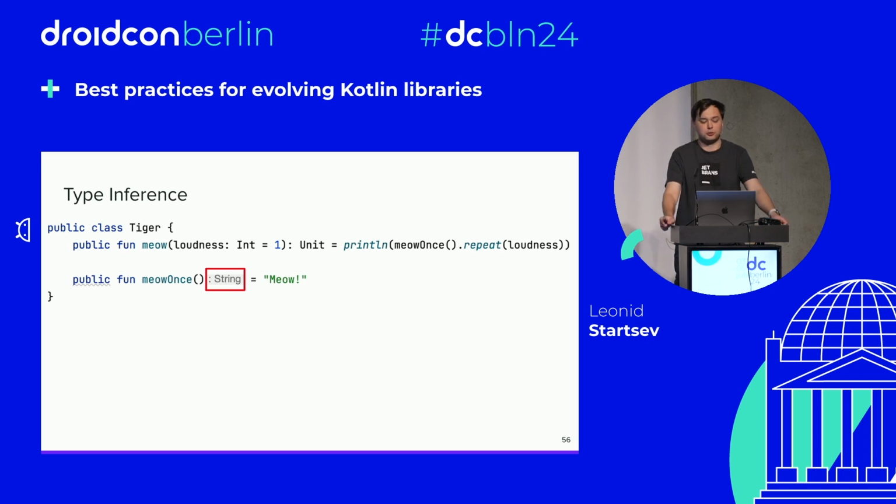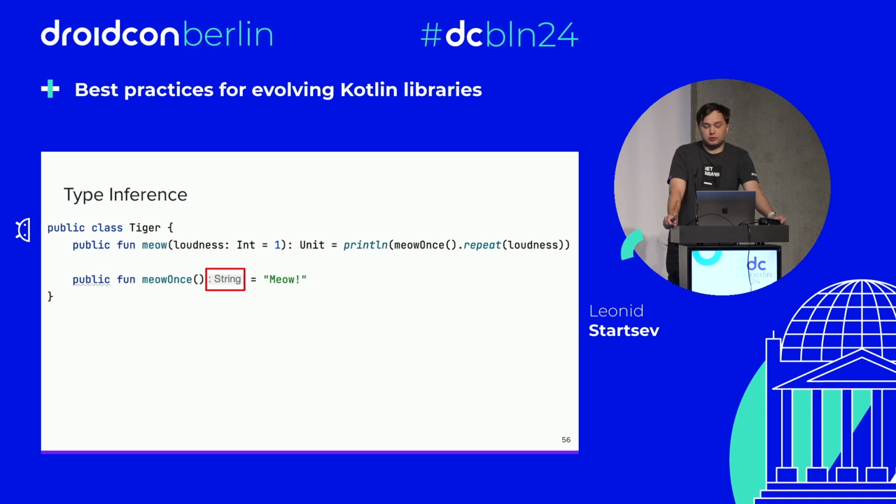Another part of this mode is also related to functions and refactorings. It comes from the fact that we have a very nice feature in Kotlin, namely type inference for function return types.